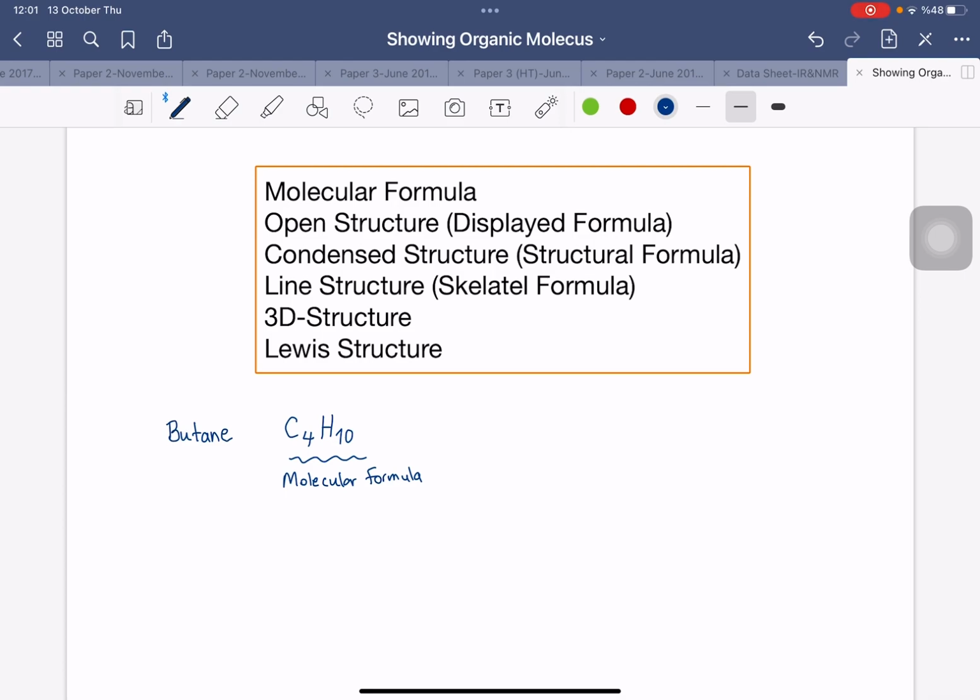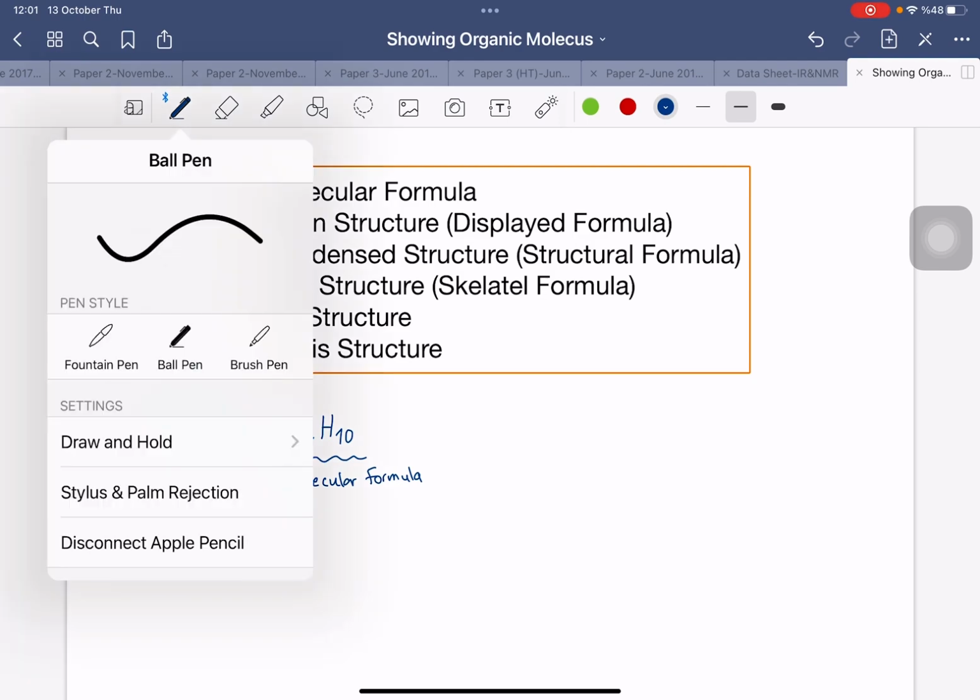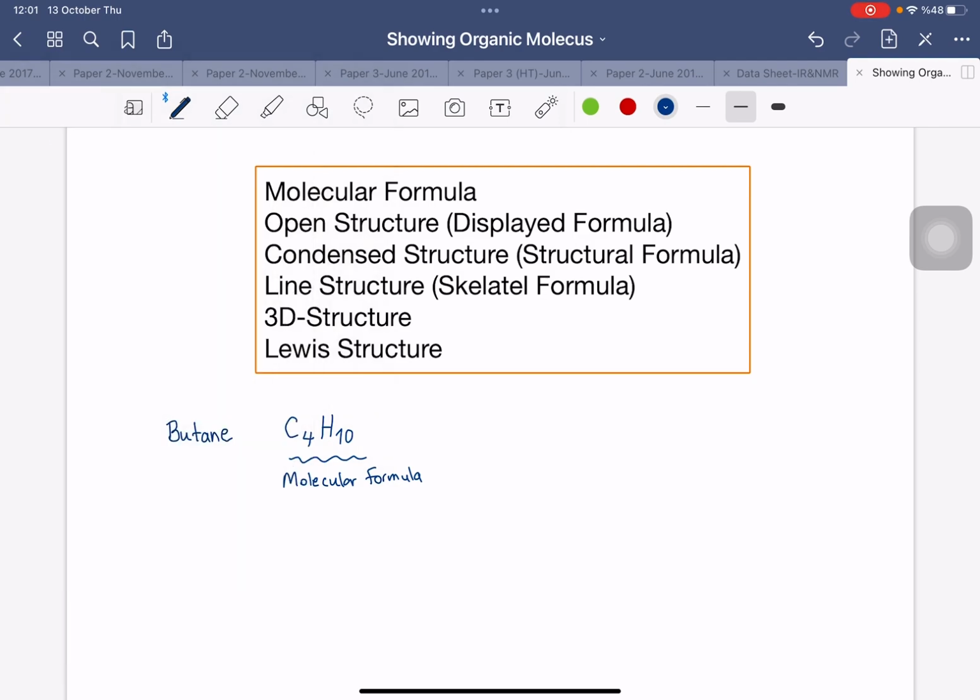Open structure of butane tells us how these atoms are connected to each other. Carbon may be connected in a straight line.